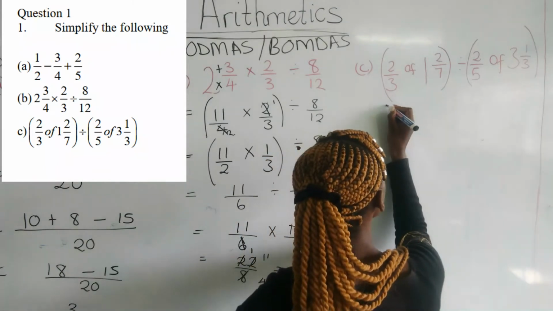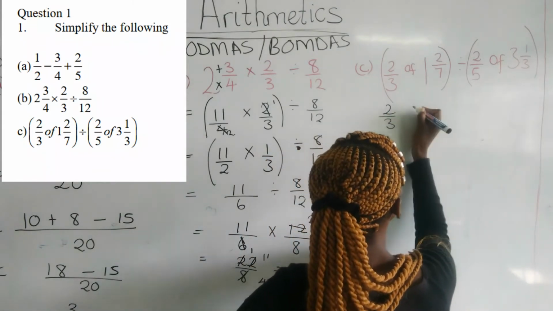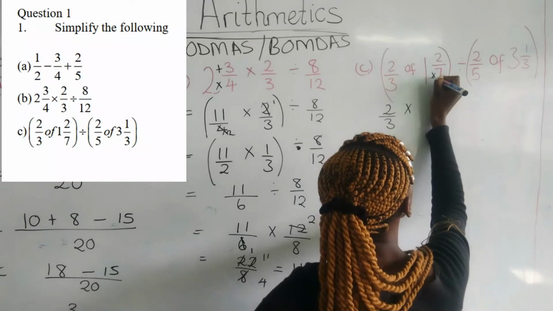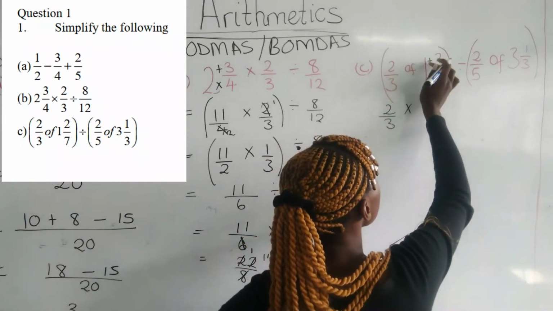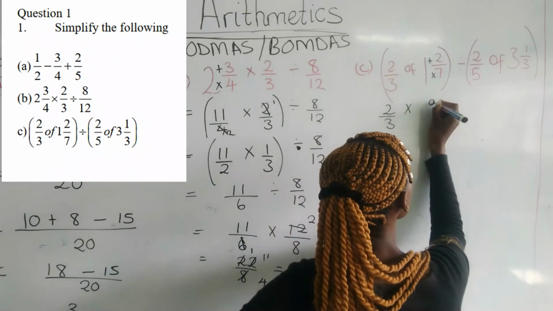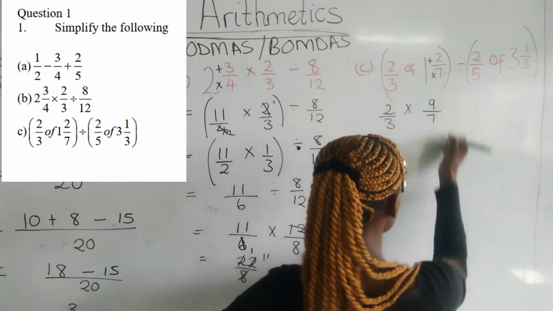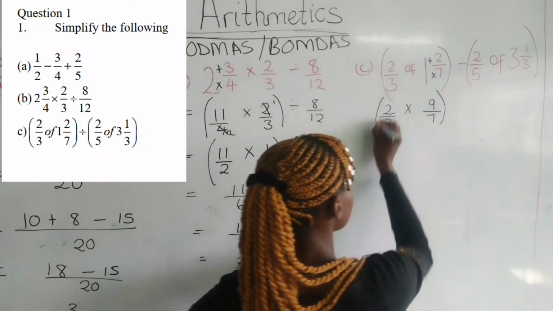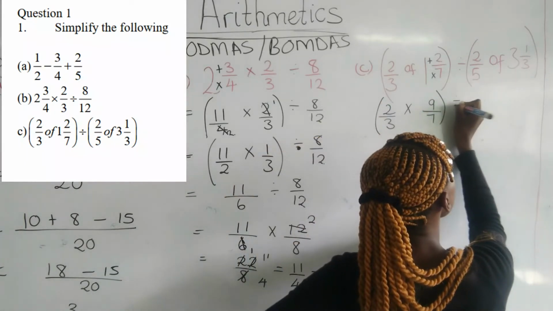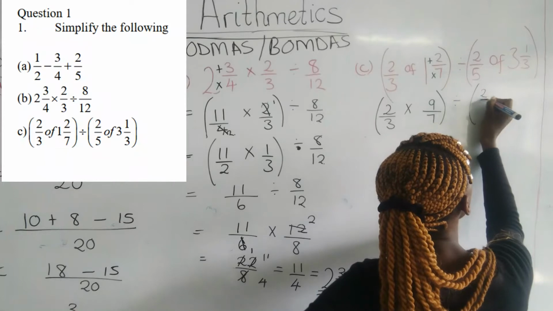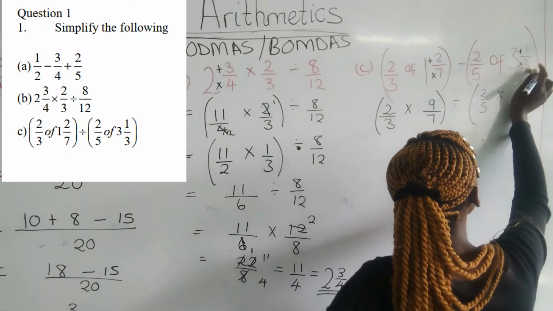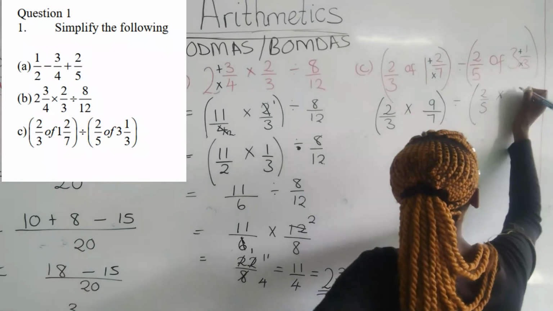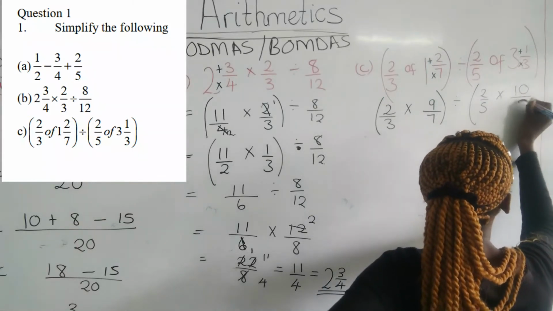So it's going to be 2/3 times, make this an improper fraction, 7 times 1 plus 2, giving us 9 over 7, right? Divided by 2 over 5 times, multiply here, we add here, 3 by 3, 9 plus 1, 10 over 3.